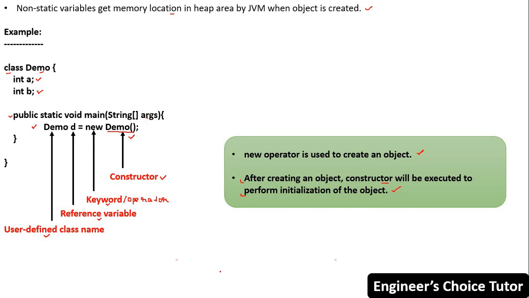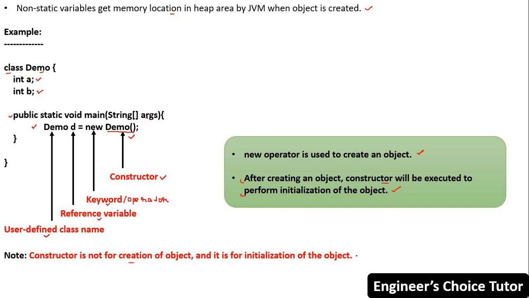Take one note here: a constructor is not for creation of an object, it is for initialization of an object. Who is responsible for the creation of an object? This new operator. When the JVM sees this new, it will create an object in the heap area. And then this constructor is responsible to perform initialization of the object. I hope this much is clear to you.